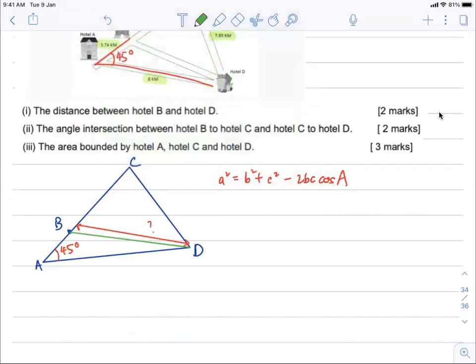So in this case, we want to find BD, right? So I set BD as A. And then the B and C could be this one. B can be AB and C could be AD. And then we need to know what is cos A. In our case, the cos A would be angle BAD. So it's 45 degrees.